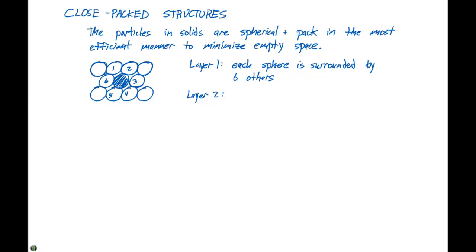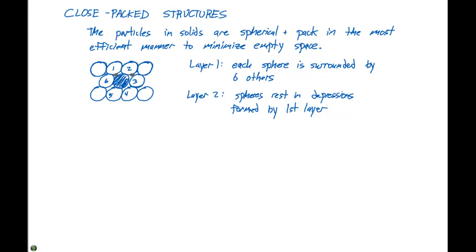So in layer number 2, the spheres rest in depressions formed by the first layer. In the second layer here, they're going to form in the depressions between the other spheres.